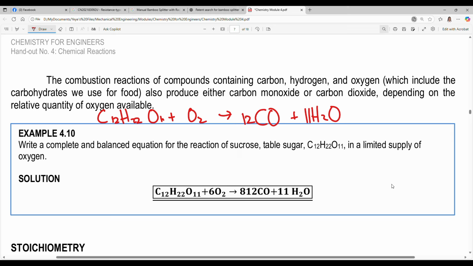So, to balance, we will write here 6. Okay, 11 plus 12 plus 11, 23. So, it is balanced. That is all for predicting the products of combustion.